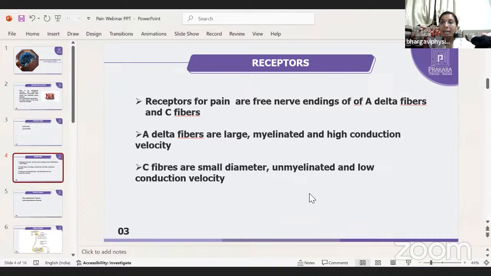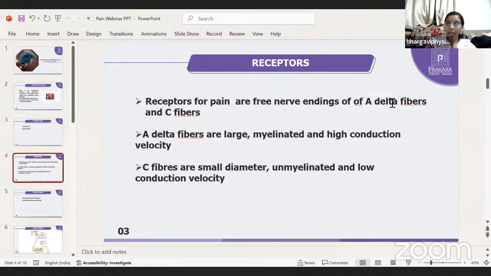These are having the larger diameter and high conduction velocity also. And C fibers are slow. C fibers are carrying slow pain sensation. A delta fibers are large, myelinated, high conduction velocity. And C fibers are small diameter, unmyelinated and low conduction velocity fibers.